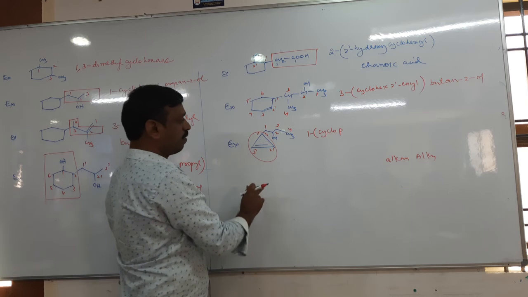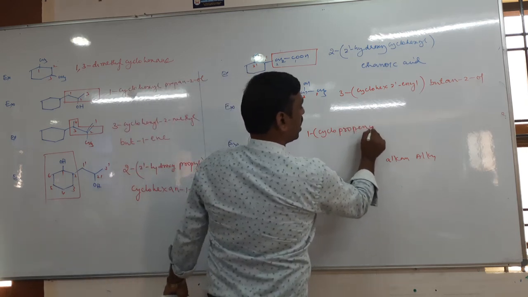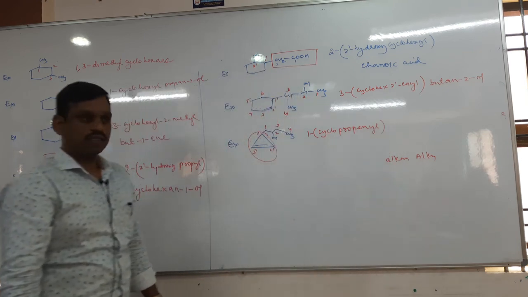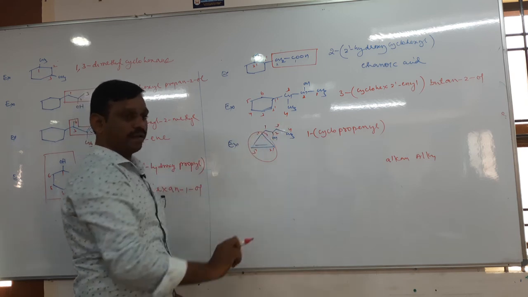So therefore now tell me, it is a cyclopropene, propynyl. Cyclopropynyl. Even if you want to represent the position of the double bond, you can write it clearly.